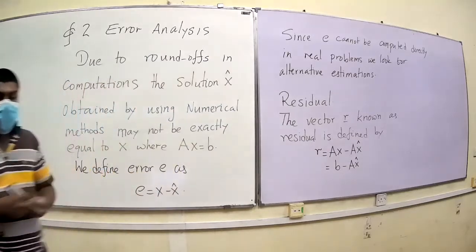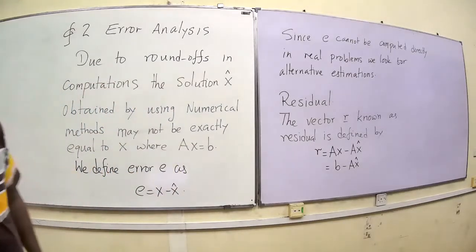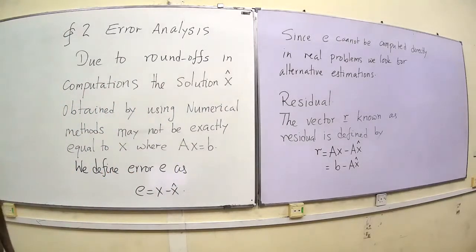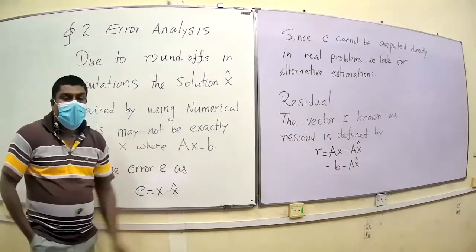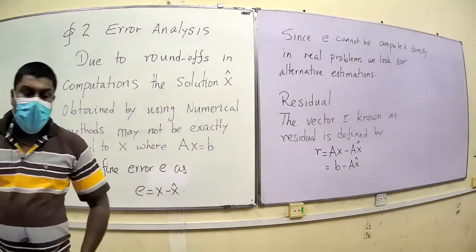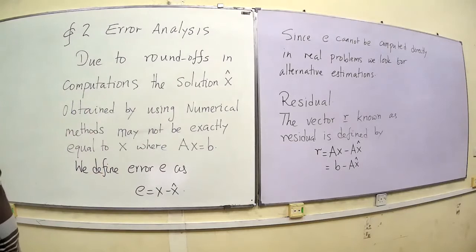So we define the residual in this form: Ax minus A x hat, which is, because Ax is b, the right hand side vector b minus A x hat, right?